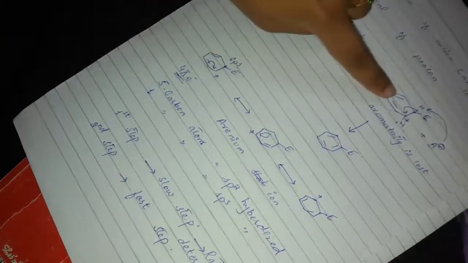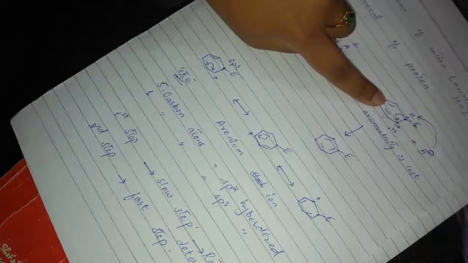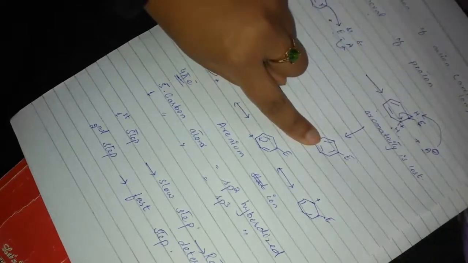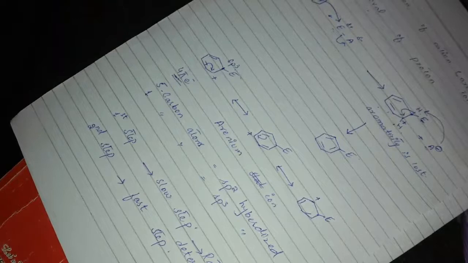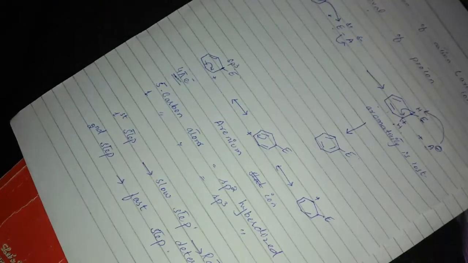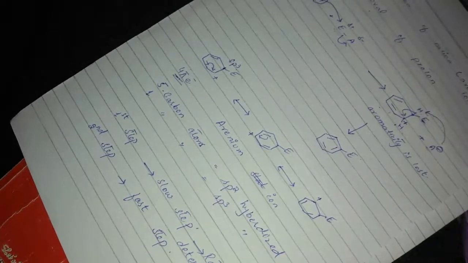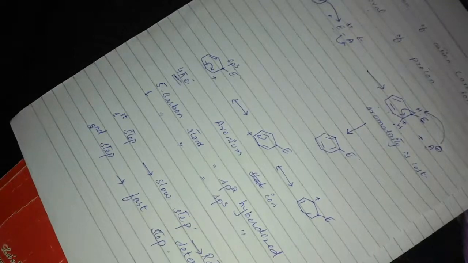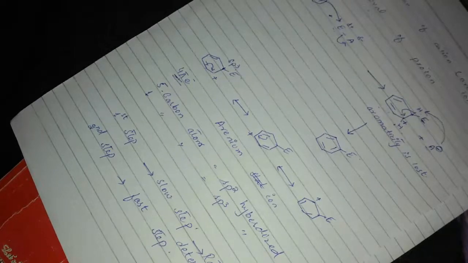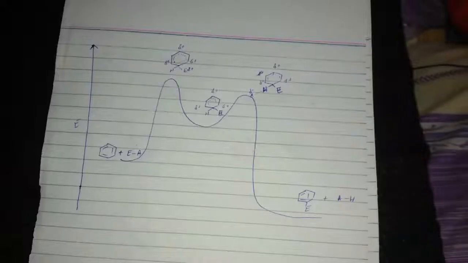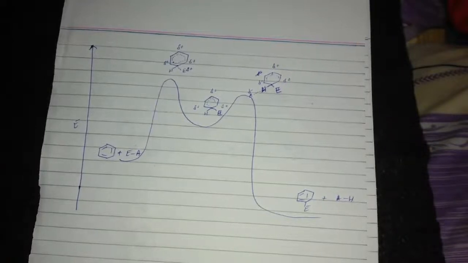Why is this a fast step? Because here that was non-aromatic and this is aromatic. The aromaticity of the system is regained, so this step is very fast and highly exothermic. This step does not take part in determining the rate of the reaction.